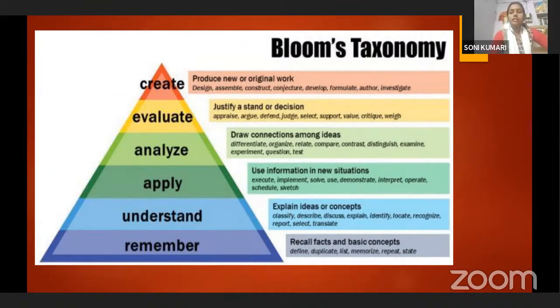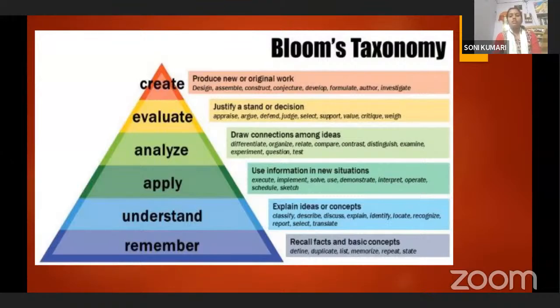This model is based on the cognitive domain, which starts from lower to higher thinking. First of all, it is remember. Remember means recalling facts and basic concepts: define, duplicate, memorize, repeat, state are known as remember. Learning something by heart is known as remember.